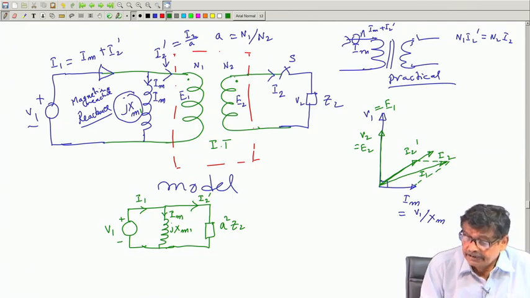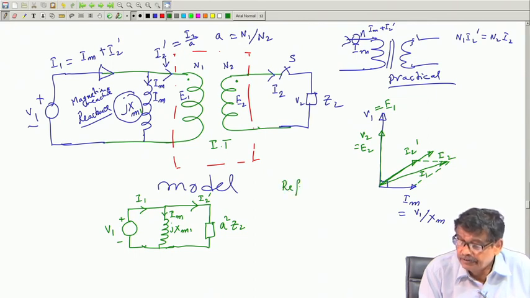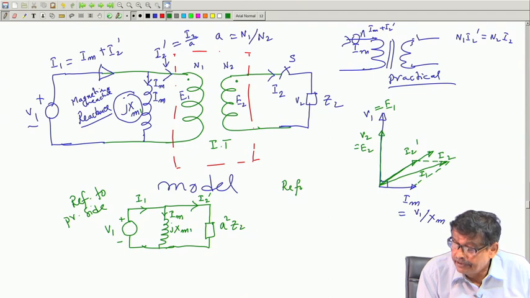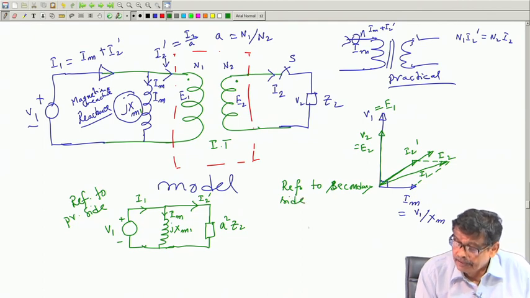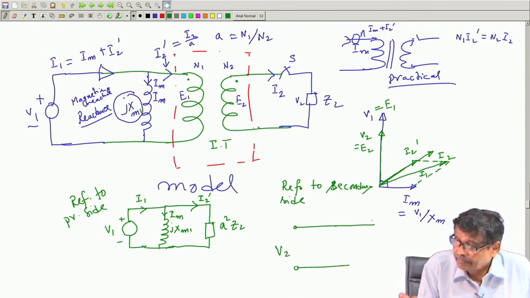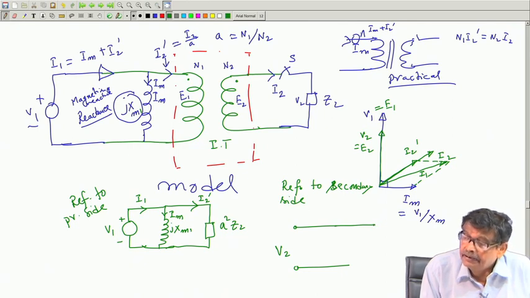What will be the equivalent circuit referred to the secondary side? We have referred to the source side, primary side, and now refer to the load side or secondary side. It will be: secondary voltage remains secondary voltage. This will be Z 2, secondary things I should not disturb, they are already there, Z 2.